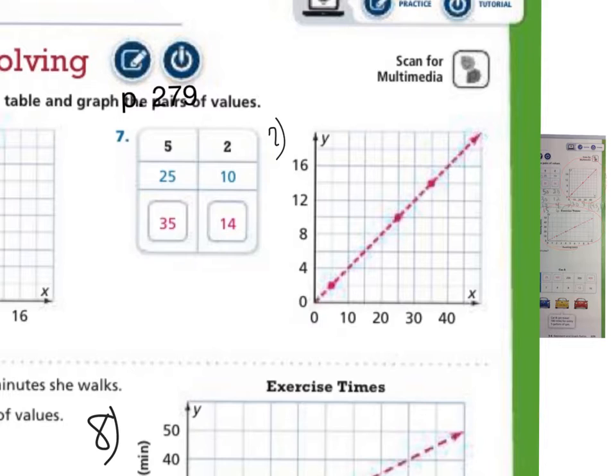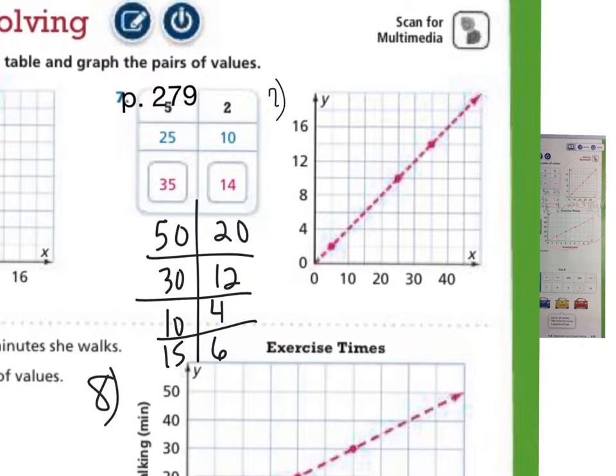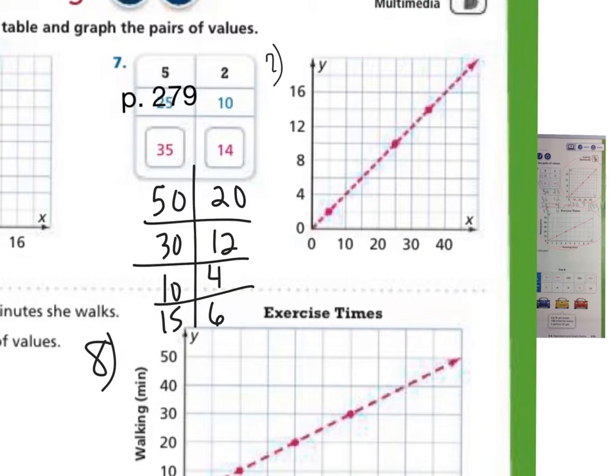Some other possibilities would be 50 and 20, 30 and 12, 10 and 4, 15 and 6, 45 and 18, 20 and 8.